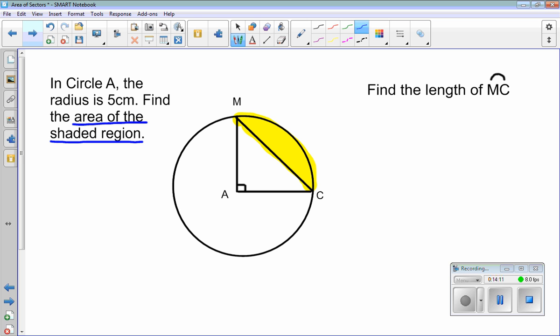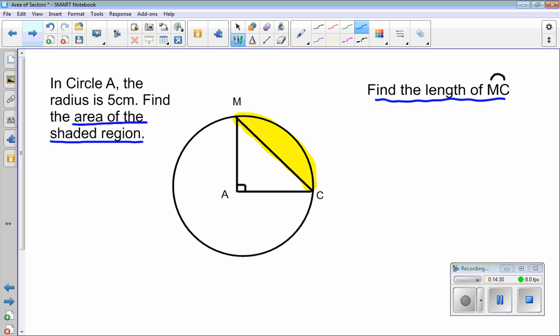And I want us to find the length. Oh, well first, this is a totally different problem. The length of MC. Just real quick, you don't have to write this down, but the length of MC is a totally different problem. What would I do to find the arc length? Just real quick. What would I do?